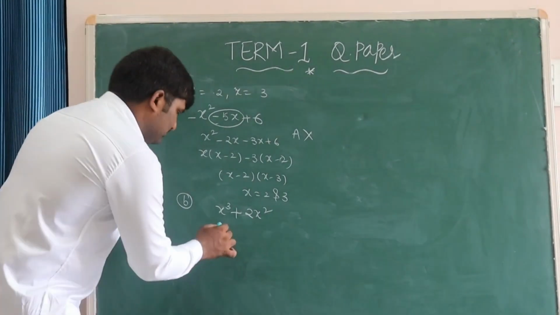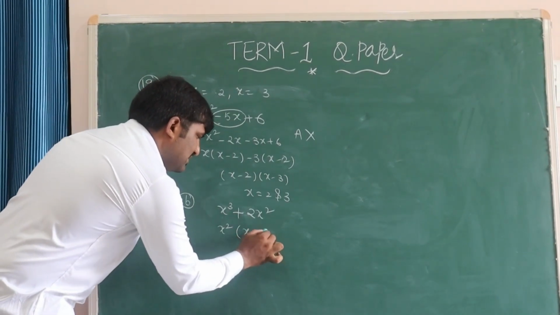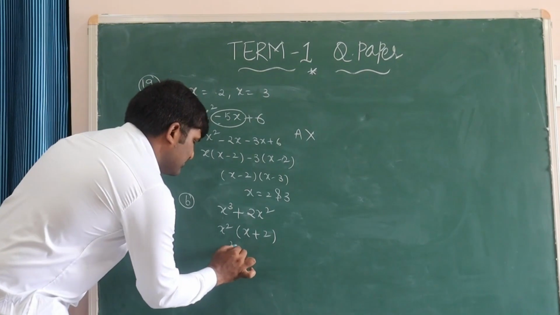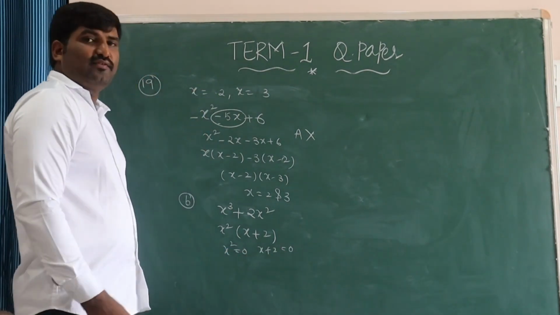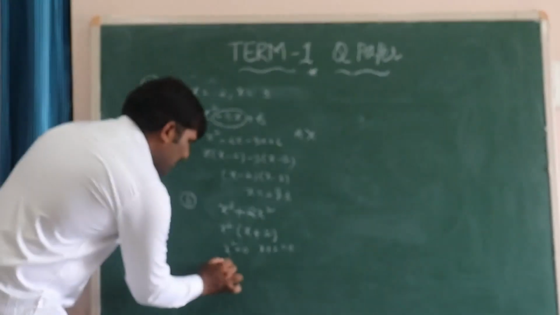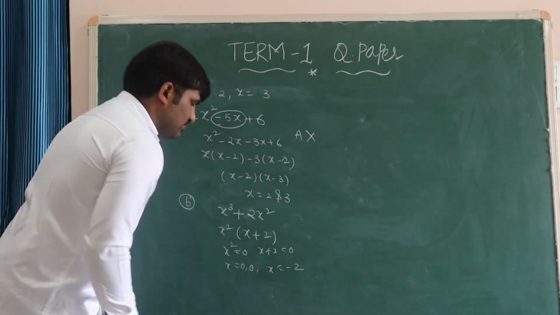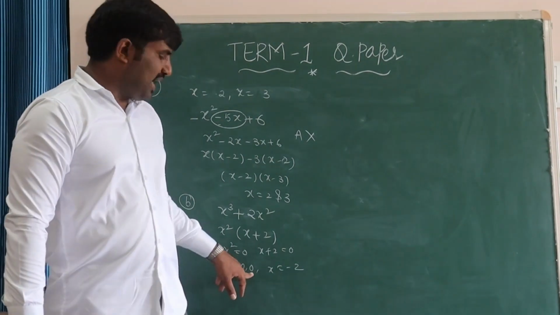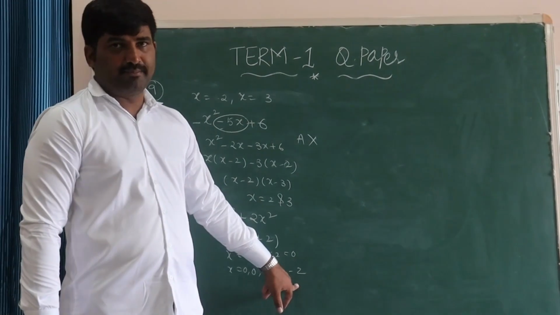Now I will take x square common. So what you will get here, x square into x plus 2. Now we can say that x square equal to 0 and x plus 2 equal to 0. Now can we find two values for x? Now x values both are zeros and x is equal to minus 2. So here two zeros, like two roots, are zeros and one root is a number.